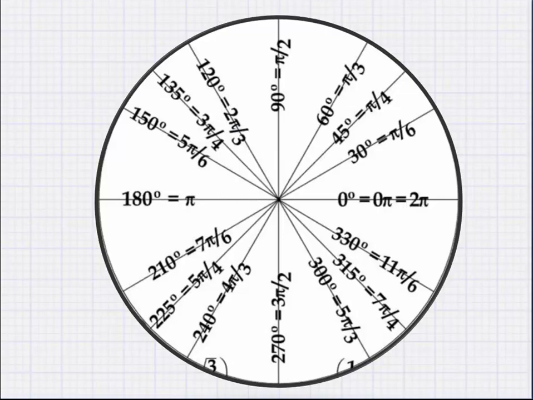So this picture demonstrates the relationship between all these special angles. We talked about how if you look in the first quadrant, you have your 0, 30, 45, 60, and 90 degrees. This would be your x-axis here, and this is your y-axis here.